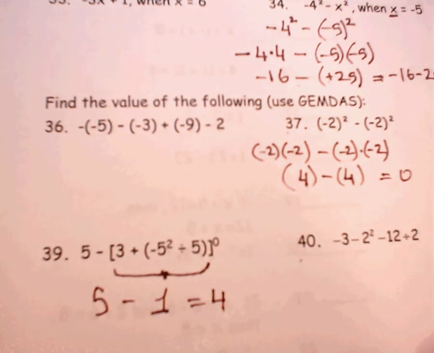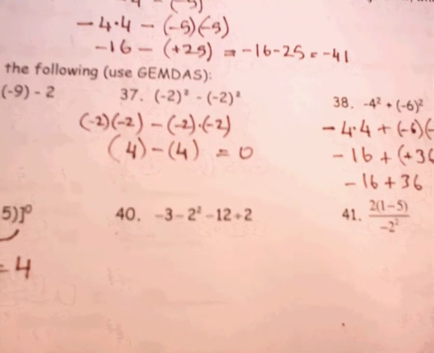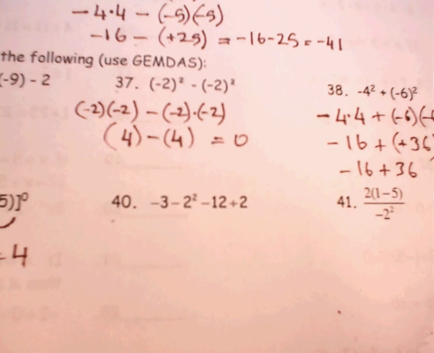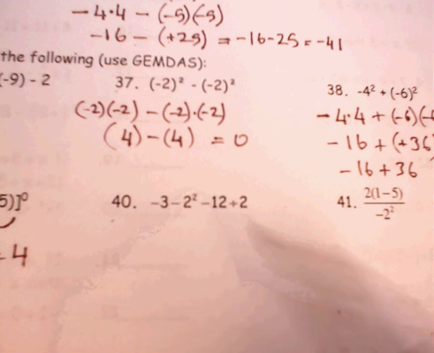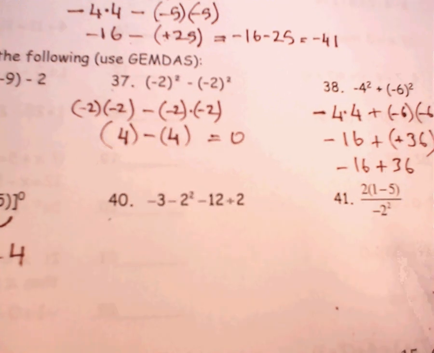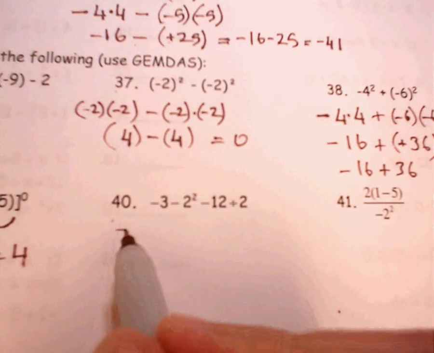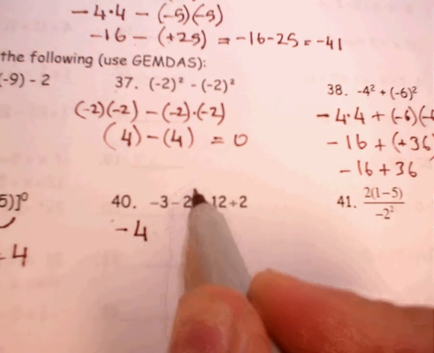Let's look at two more questions on this page. Number 40, negative 3, and we have a subtraction over 2 squared, and this is an order of operations type of question. We will have to do the exponent first. Let's copy everything else the same and take care of the exponent.